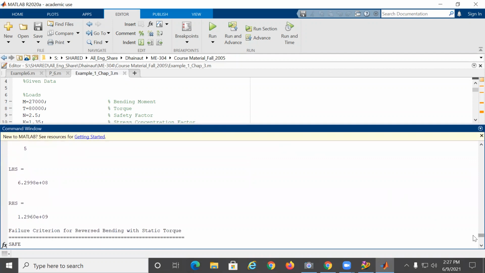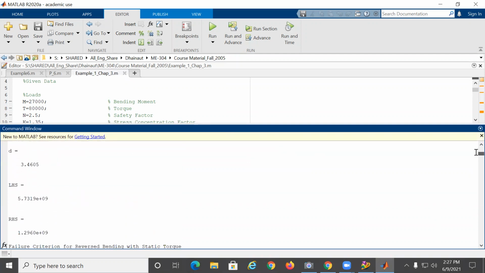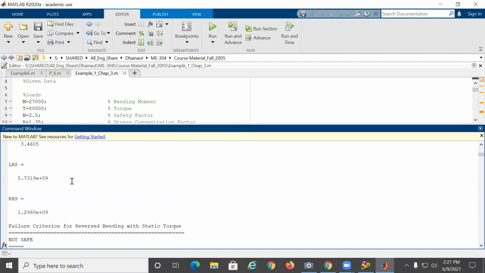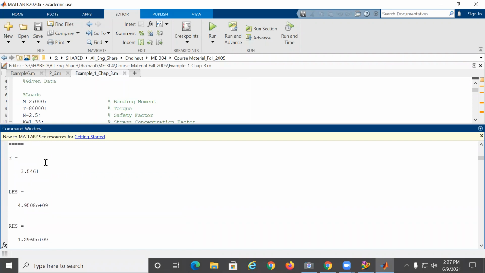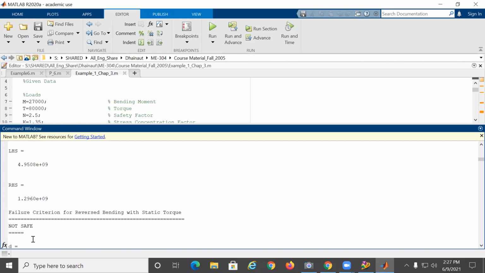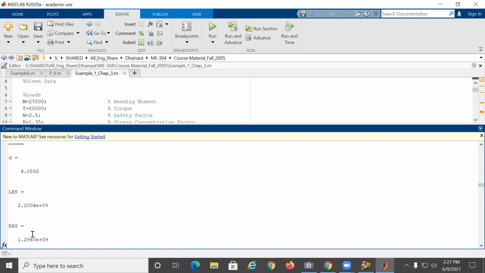So let's see, this looks like it's for 3.6. What do we need to have? We need to have the left-hand side lower than the right-hand side, no? So 3.6 doesn't work. Okay, let's keep going for a while.